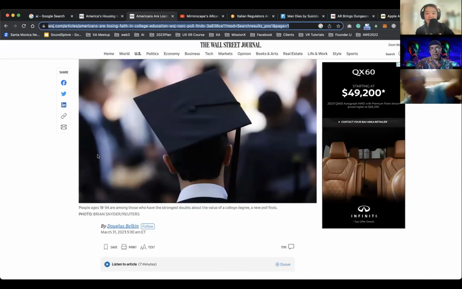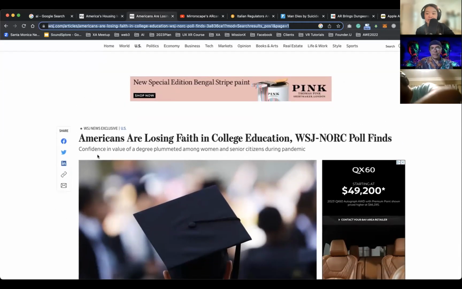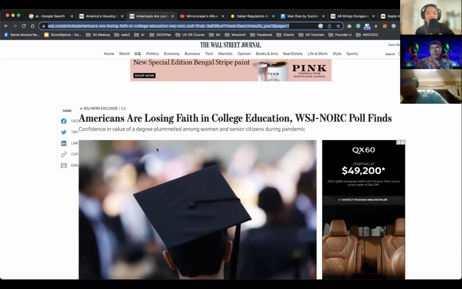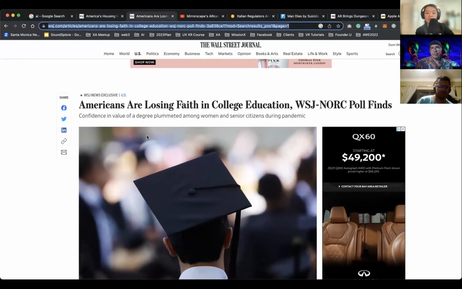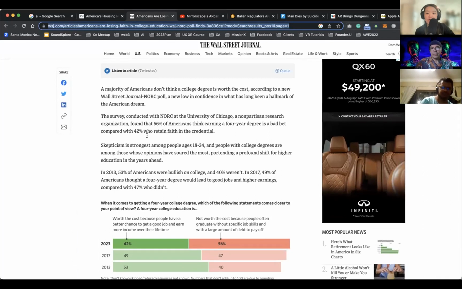First one, and second one is, oh, this one is a little serious. Americans are losing faith in college education. Before, we all know that everybody wants to get into college, get into the most expensive one, and after they graduate, they can get a return on their investment, right?